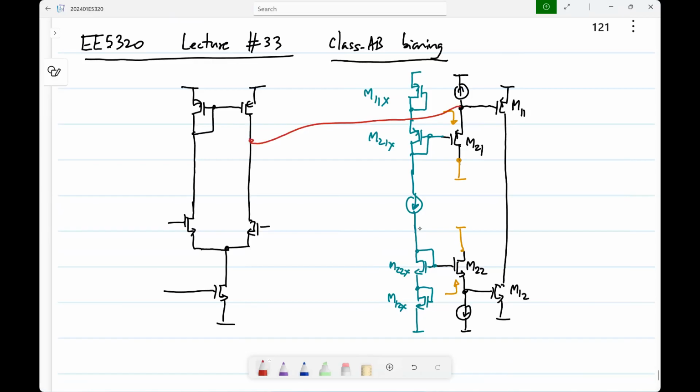I didn't have all this elaborate bias circuitry, but I had this going to the gate of M11 and then a fixed bias current M12. If I do that, first of all, what happens? Will the op amp work as expected? What is the issue? That 1 by GM21 loads the first stage. So the first stage gain goes to pieces.